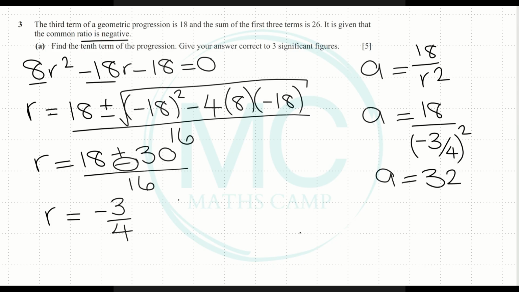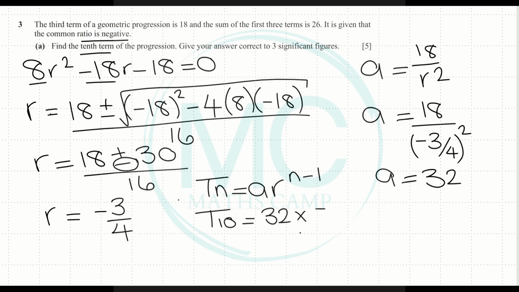Now that we have our a and r values, we can find the 10th term in the progression. For geometric, we say Tn is equal to a r with an exponent of n minus 1. We're looking for the 10th term, so say T10 is equal to a, 32, multiplied by r, negative 3 over 4, with an exponent of n minus 1. n is 10. 10 minus 1 gives us 9.